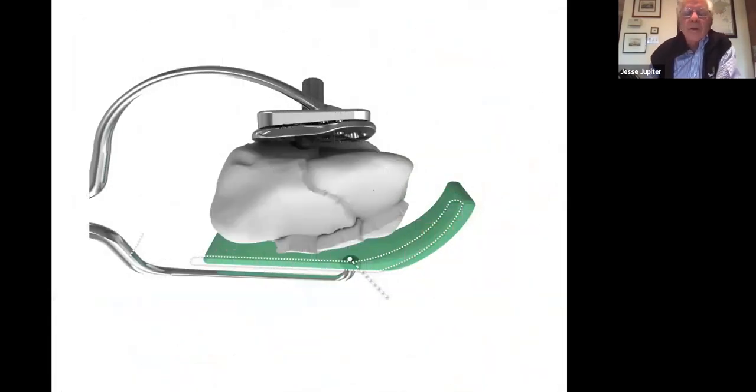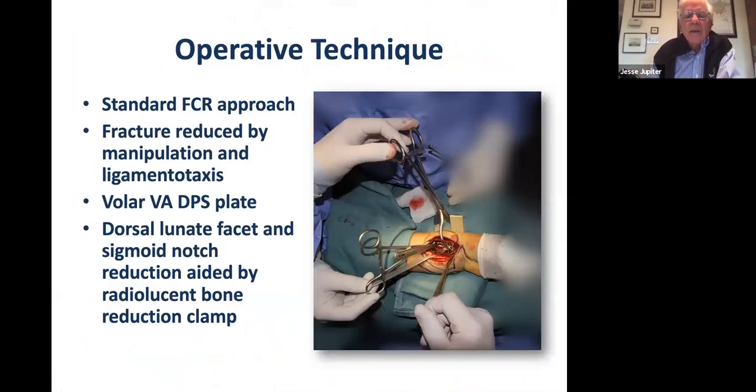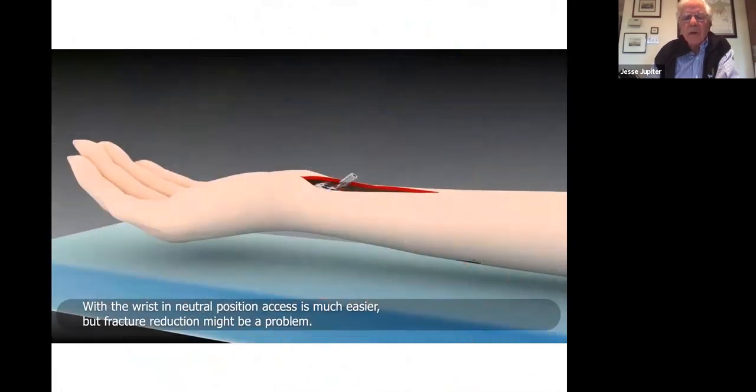The other alternative is this compression clamp that the DPS has. What you can use it for, once you've applied your plate and reduced the volar side, is a ball tip clamp with a dorsal radiolucent component on the top.